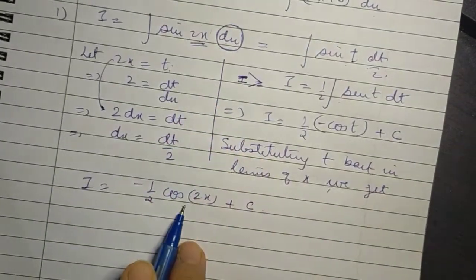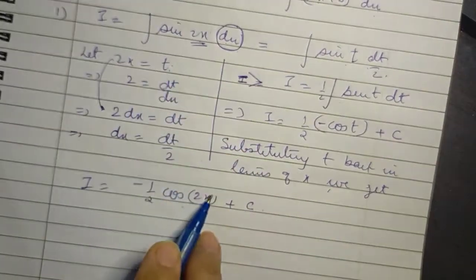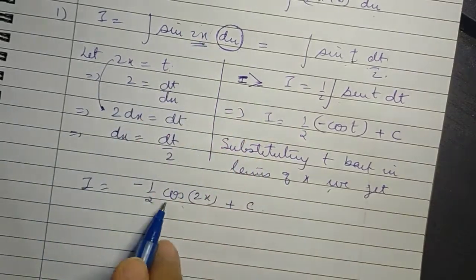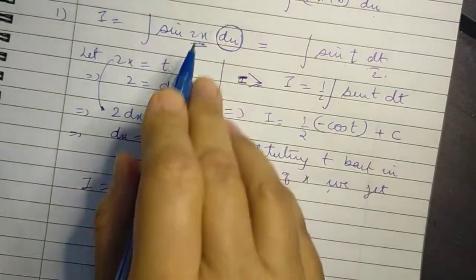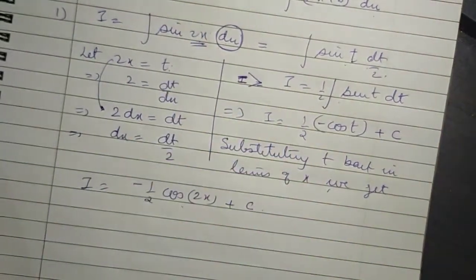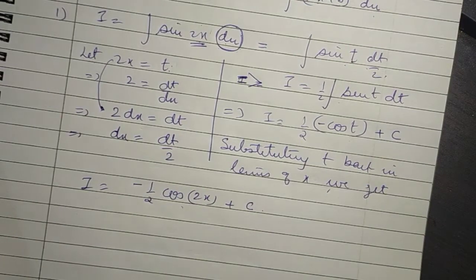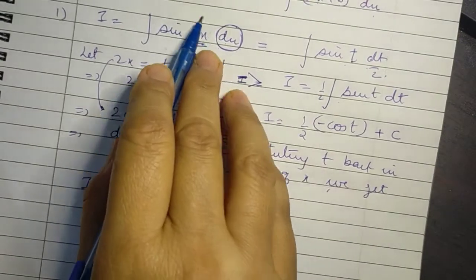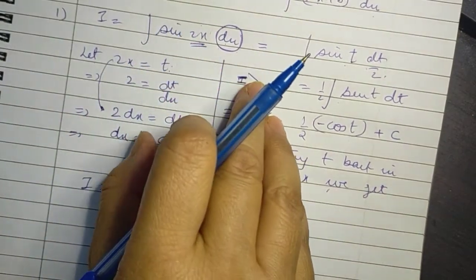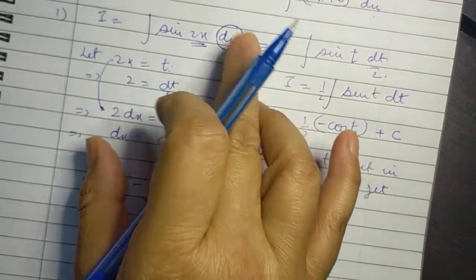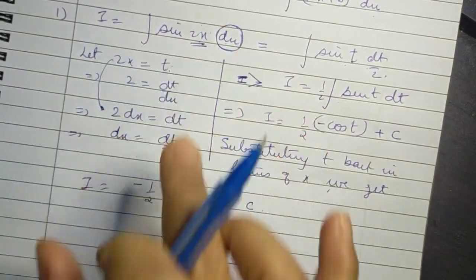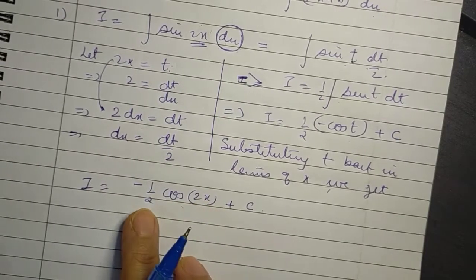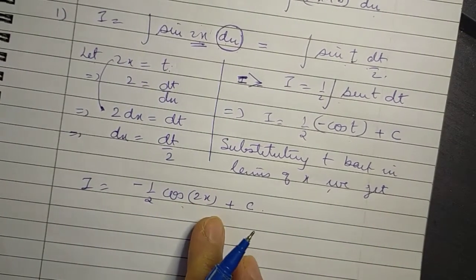Whereas in the case of the integral, the coefficient gets divided. This further shows that differentiation and integration are inverse processes of each other. When you differentiate, you multiply by the coefficient of x, whereas when you integrate, you divide by the coefficient of x.